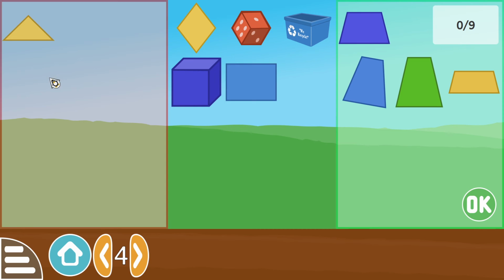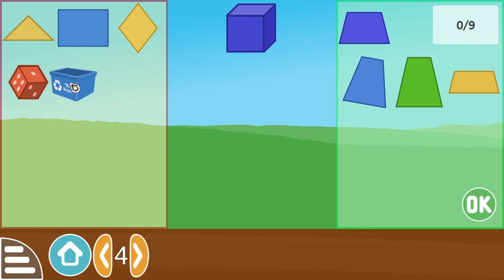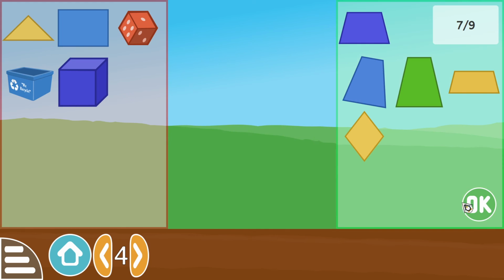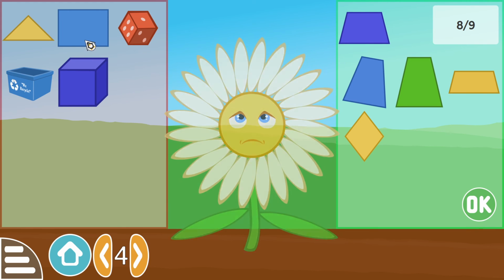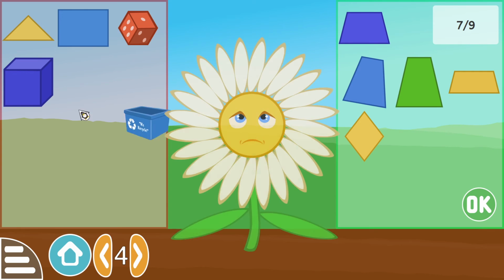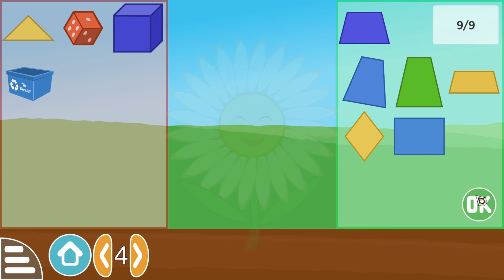This one's not, because it's only got 3 points as a triangle. Going with that's not. It's a rectangle. The diamond could be, but the dice is 3D. That's 3D, and that one's 3D as well. So okay.